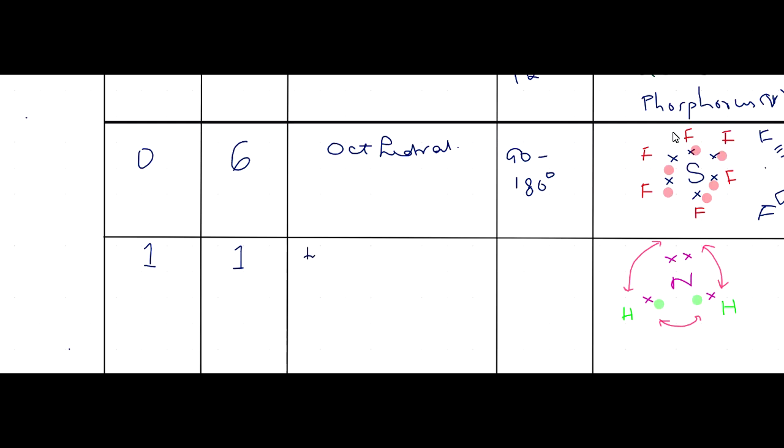But what does bonded and bonded pair look like? This shape is known as trigonal pyramidal. This is different from the one I taught you before. Before that, I taught you trigonal bipyramidal. This is trigonal pyramidal, not bipyramidal, just trigonal pyramidal.